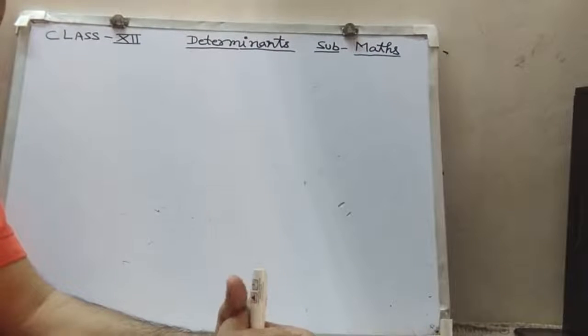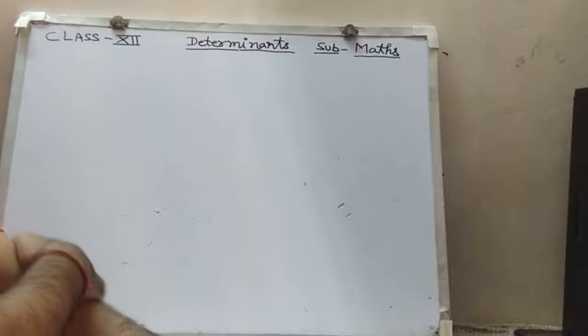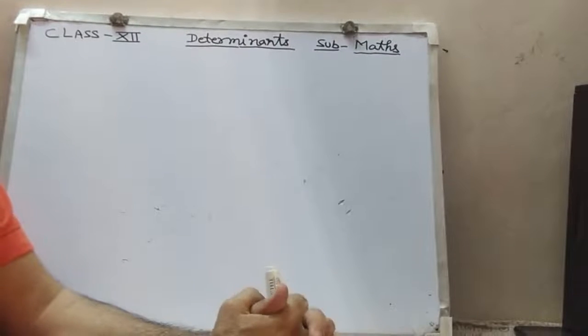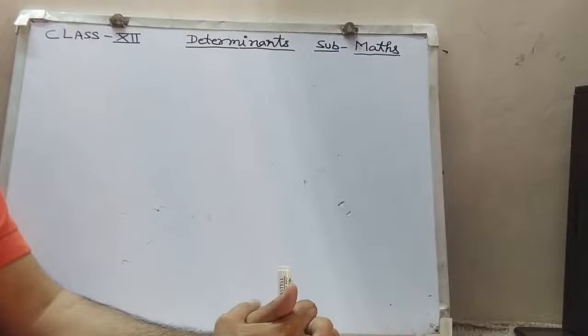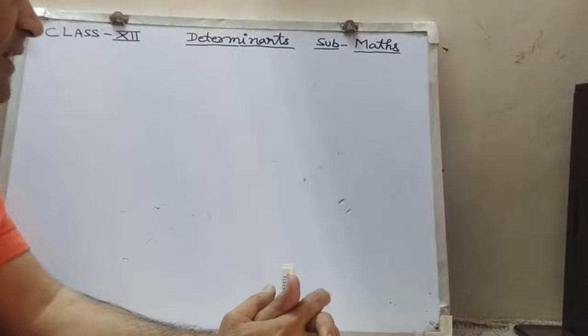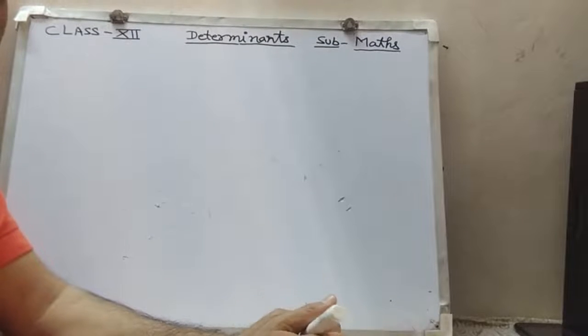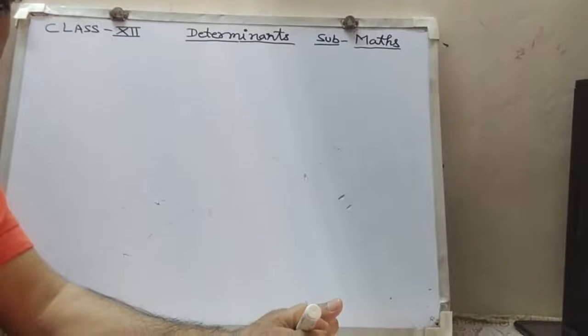As we have discussed the matrix chapter, in matrix there were so many types of matrix, and one type was square matrix. The square matrix is called that matrix in which the number of rows is equal to the number of columns.